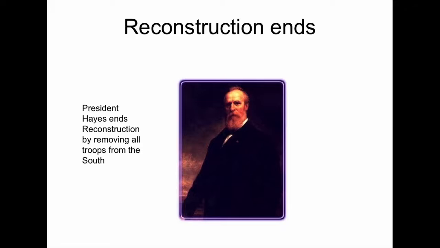When Hayes here becomes president, elected in 1876, the election is pretty messed up. Ultimately, Hayes does not win the popular vote in the election, but there is also not an electoral majority. So we know that the House of Representatives ultimately decides if there's no electoral majority.